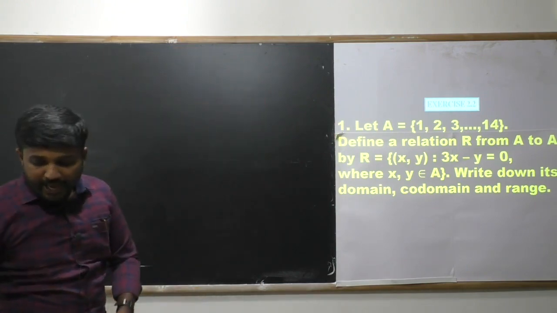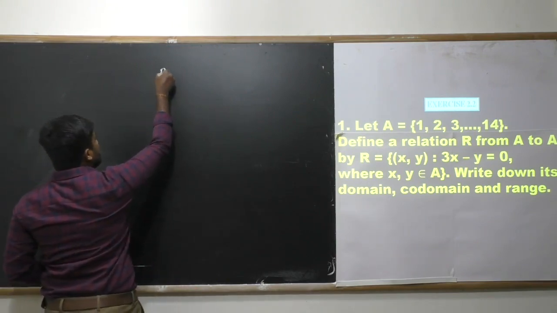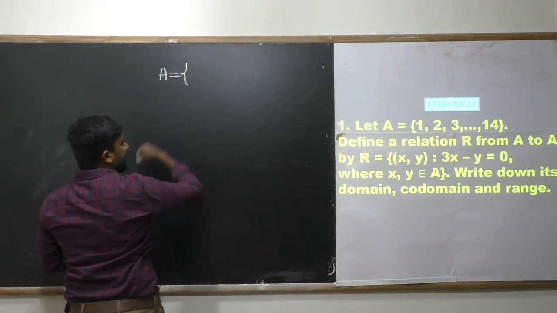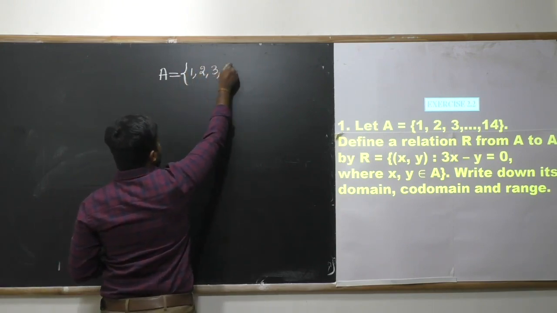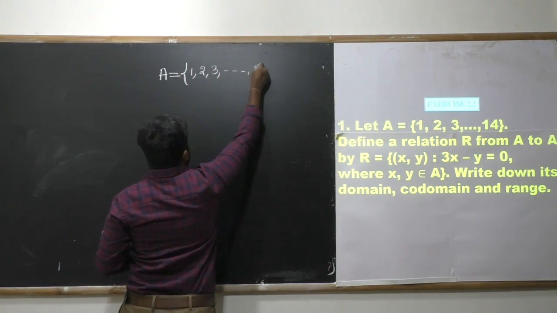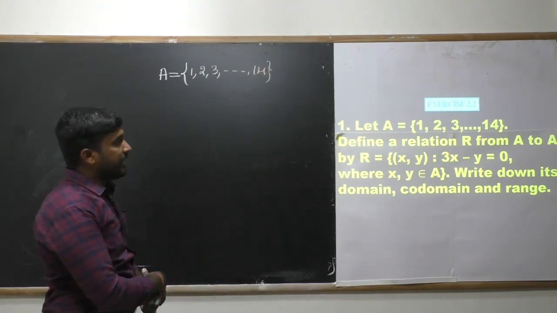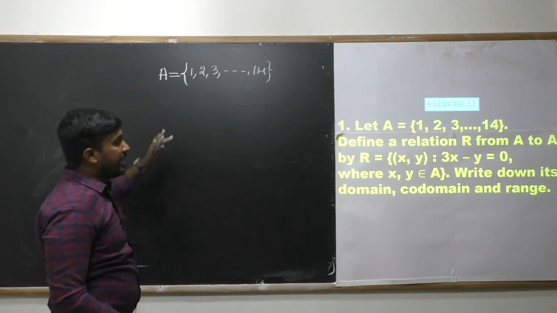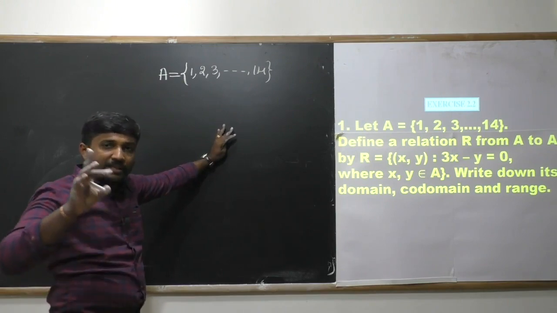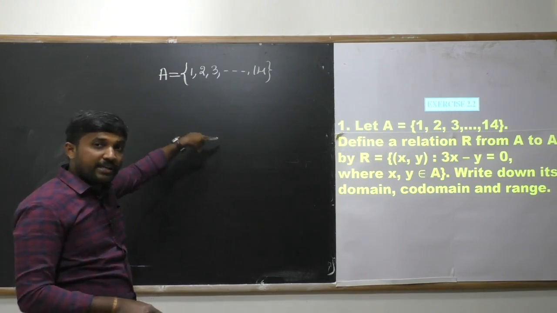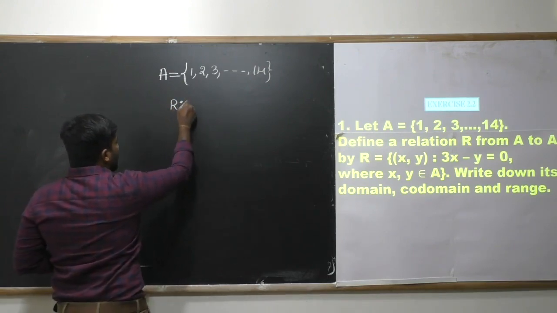Let A be the set with elements 1, 2, 3, etc. up to 14, natural numbers from 1 to 14. Define a relation R from A to A. R is defined from A to A itself. Codomain also set A only. R is a relation from where to where?